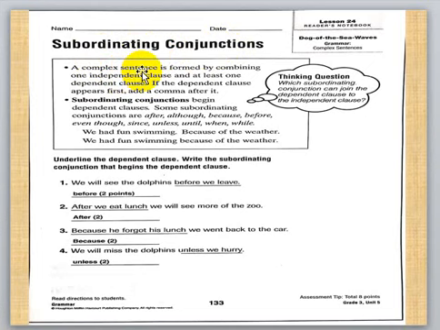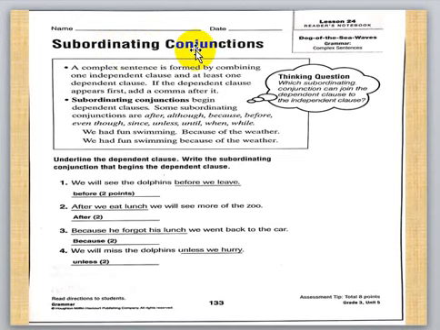Okay, what are the subordinating conjunctions? For example, before. What else? After. We have here all the conjunctions: after, although, because, before, even though, since, unless, until, when, while.